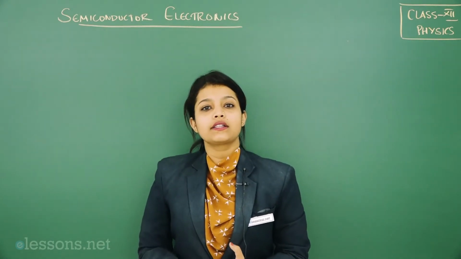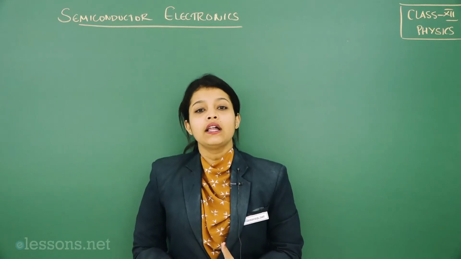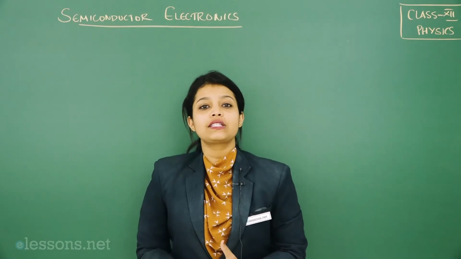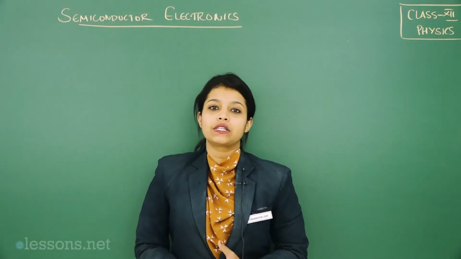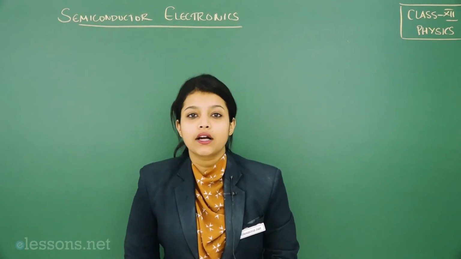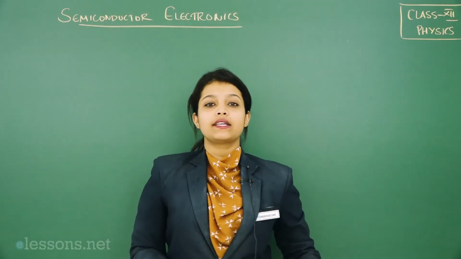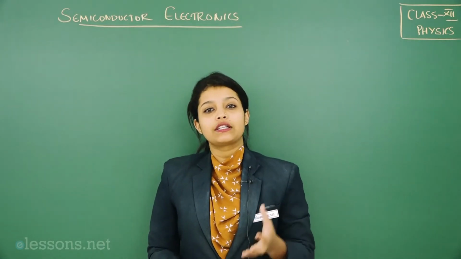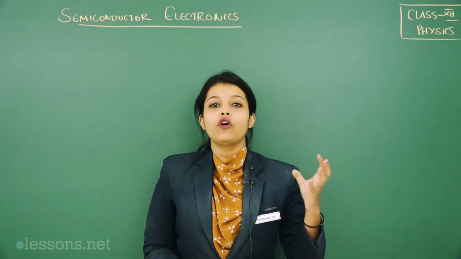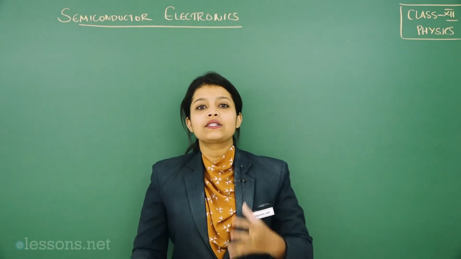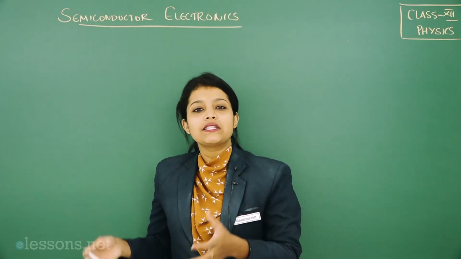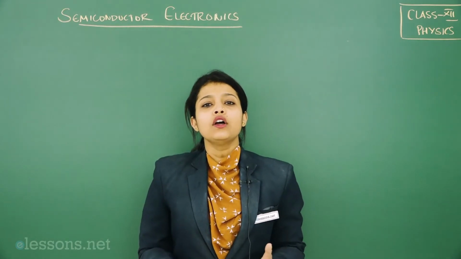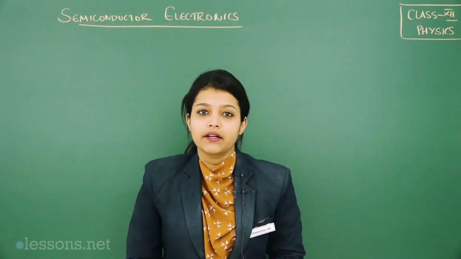A conductor is a material that allows the flow of electrons, which can conduct electricity, or we studied that it can pass electricity through it, so they are good conductors of electricity. Whereas insulators are poor conductors of electricity, they do not let electricity pass through them and there is no flow of electrons. All these things we have been studying, right? So we basically know what an insulator is and what a conductor is. Then, what do we actually mean by a semiconductor?